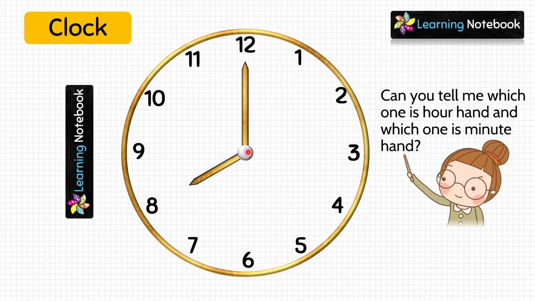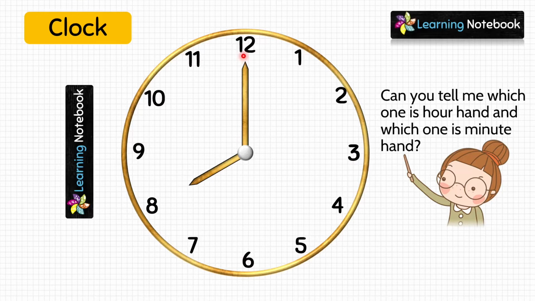So let's understand about hour hand first. As you can see, a clock has 12 numbers which stand for hours. These are the 12 numbers.